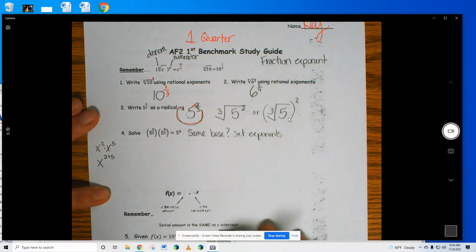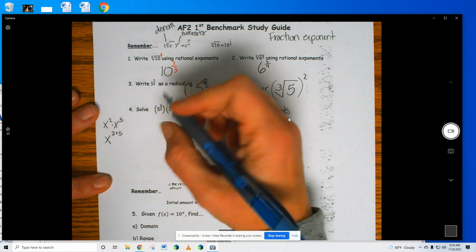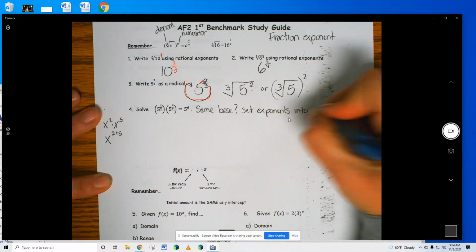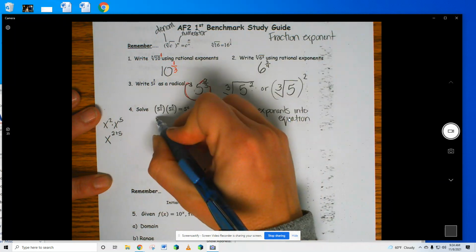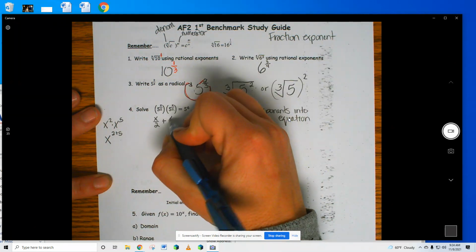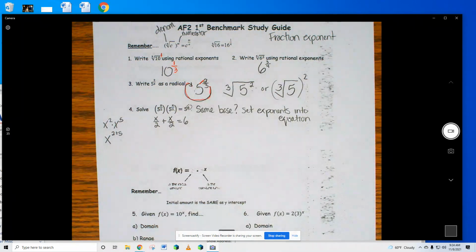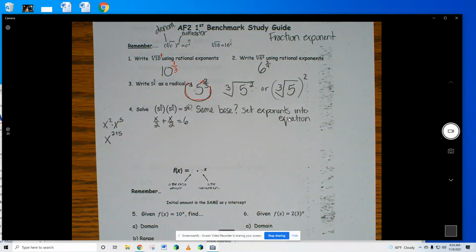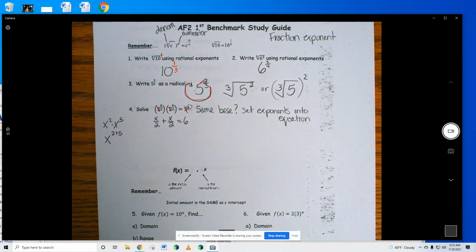Do you remember that? So I'm going to set the exponents into an equation. x over 2 plus x over 2 equals 6. I get rid of the 5s. The 5s are gone because they're all the same base, so I don't need to worry about them.